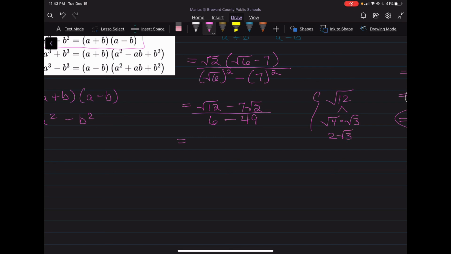So square root of 12 can be simplified to 2 square root 3 minus 7 square root 2 divided by negative 43. And we really can't do anything else with that, so this would just be our final answer. That will conclude our video.